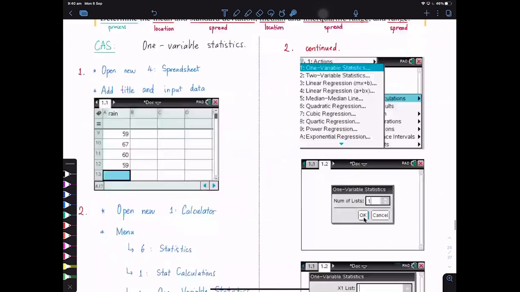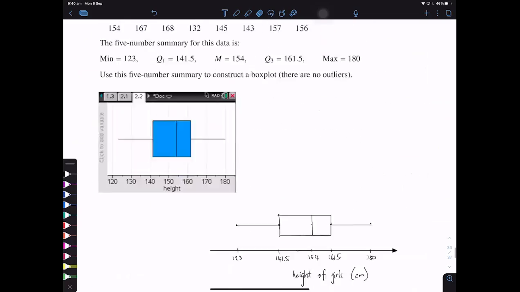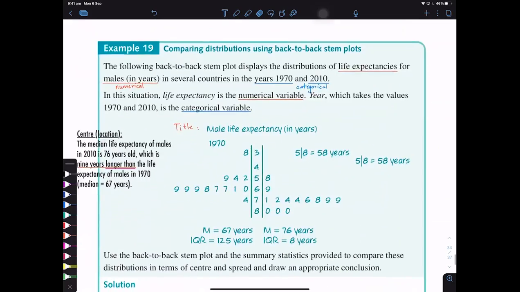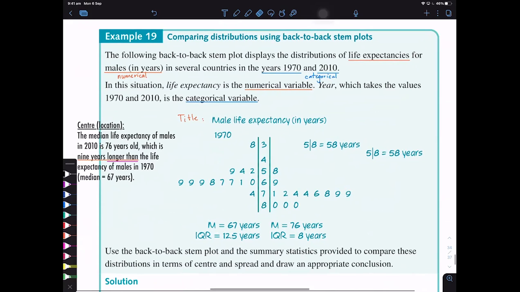So let's go down. This information tells us that the IQR, or the middle 50%, somewhere from here to here, is 12.5 years, whereas this one, Q3 minus Q1, the spread is only 8 years.